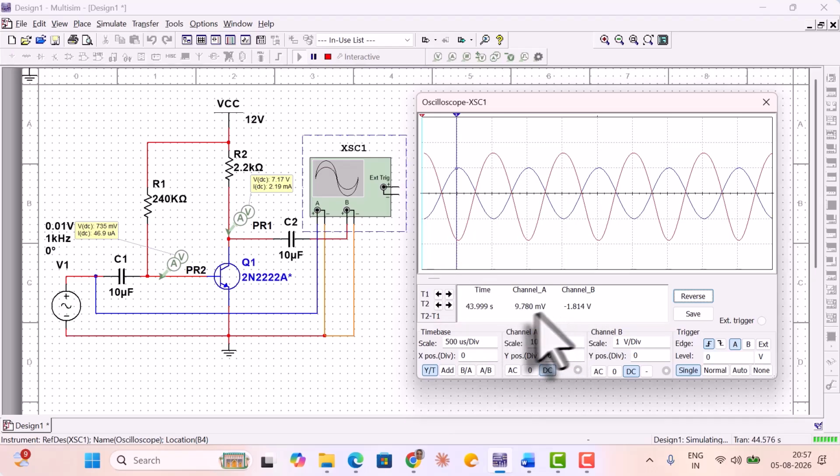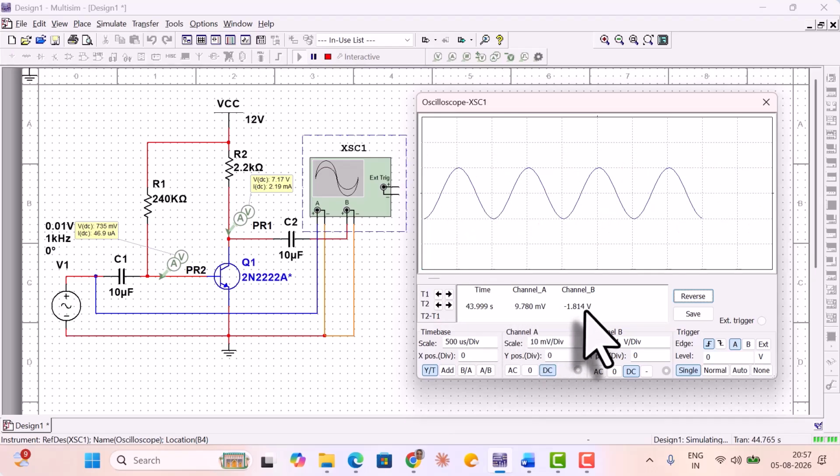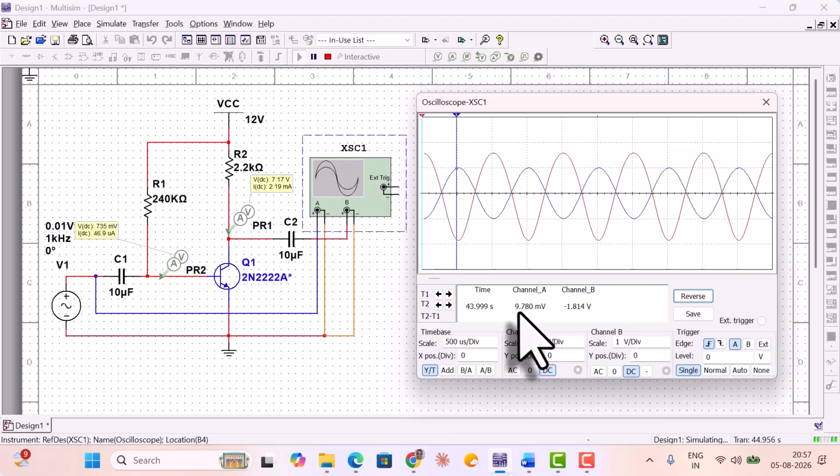Looking at the magnitude alone, you see an amplification. Input is about 9.8 millivolt, output is 1.8 volt. That is an amplification. But you also see a phase shift of 180 degrees. When the input is positive, the output is negative.